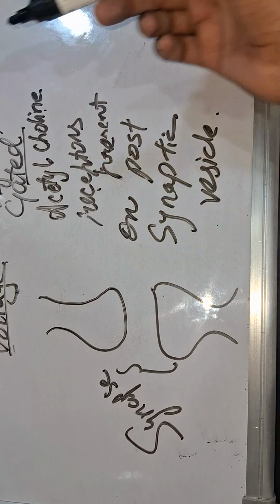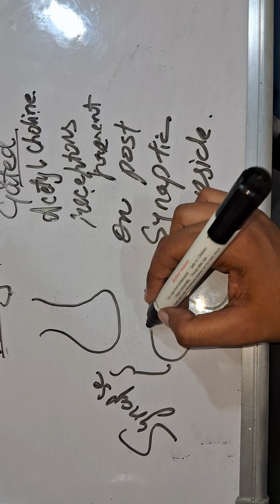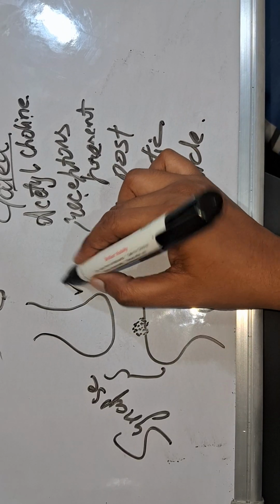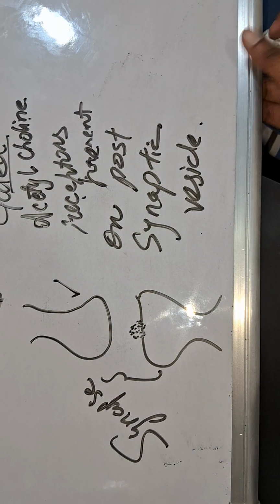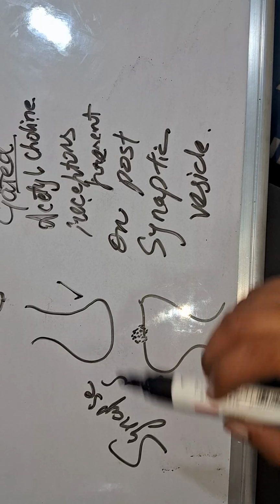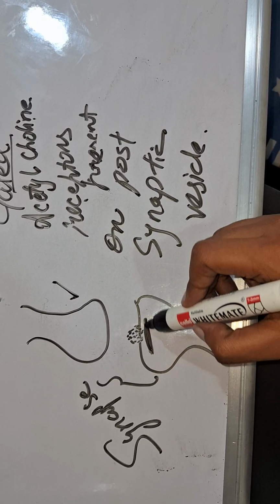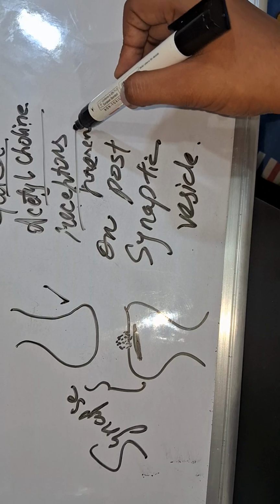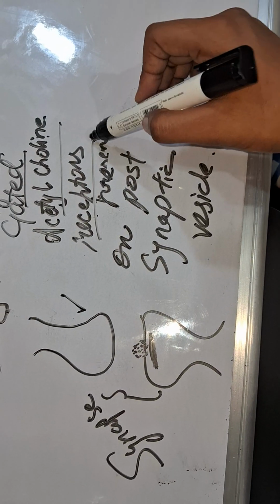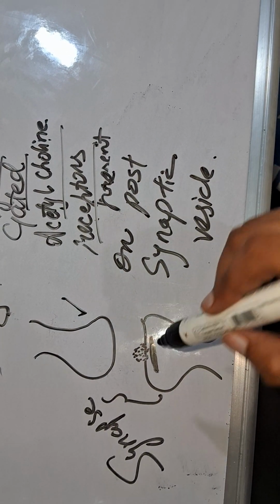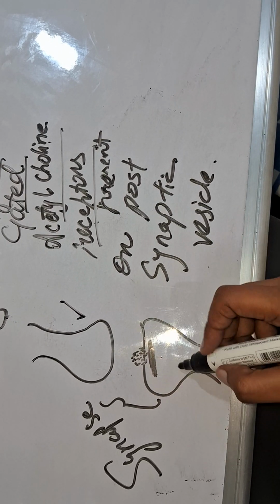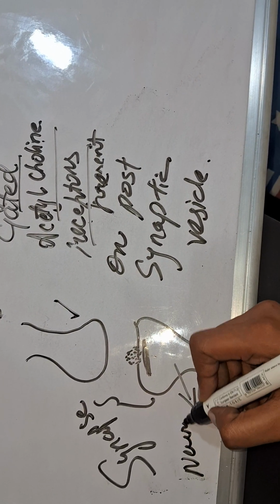These ligand gated channels are present at the synapse. In these spaces are our acetylcholine receptors. Okay? When the acetylcholine is released, it will come over here. Receptors are present here. Okay? These are neurons.